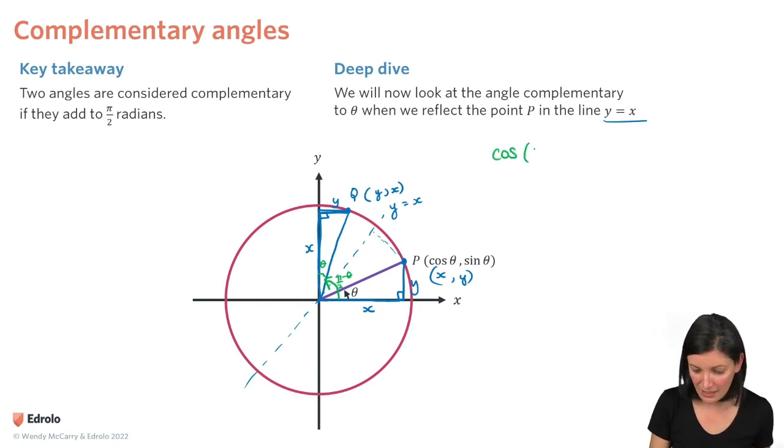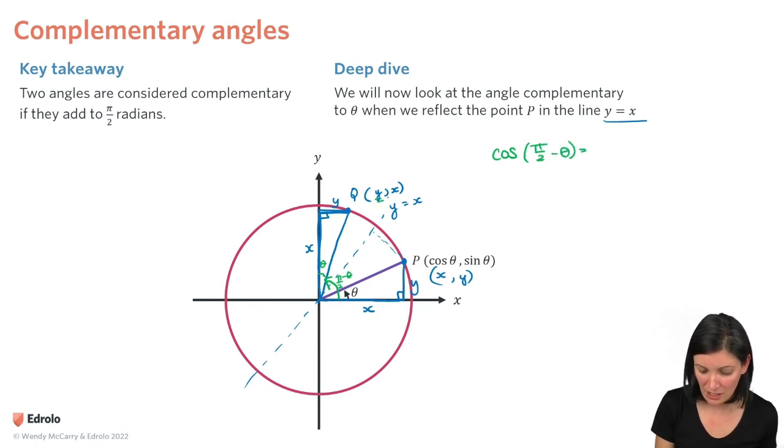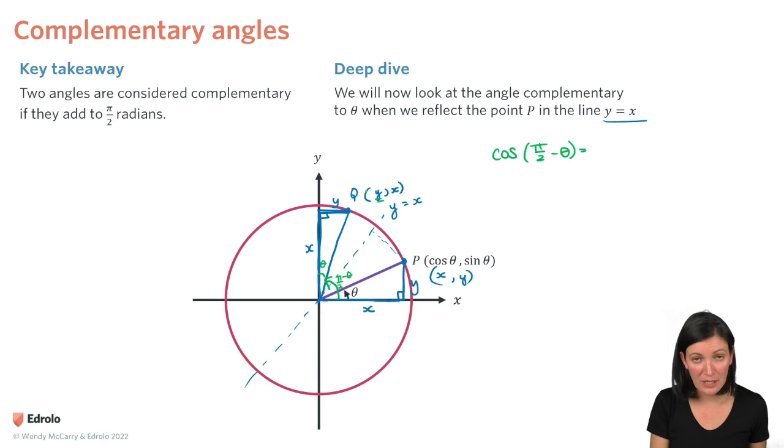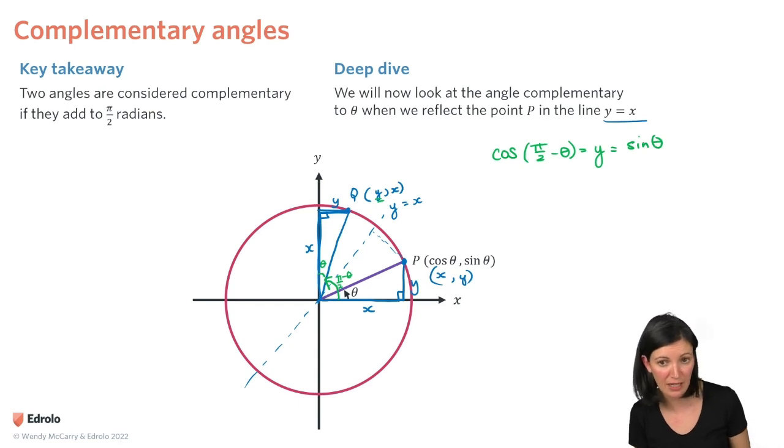So if I look at rewriting that point as cos of pi on 2 minus theta, remember that's equal to the x coordinate at that point, which is now y, because we did our reflection. So that's equal to y, but y is equal to the sine of theta. So we get this nice relationship that the cos of pi on 2 minus theta is equal to the sine of theta.